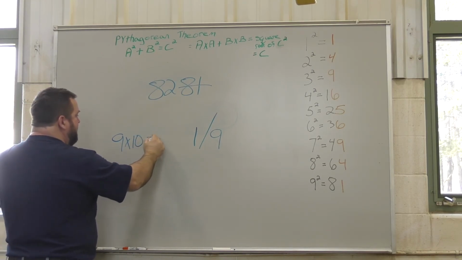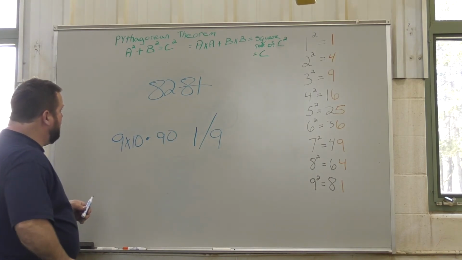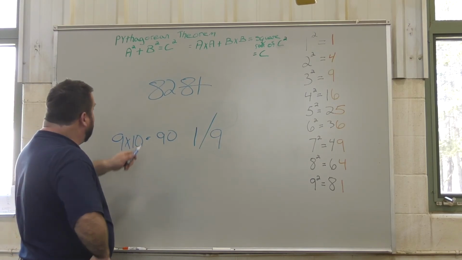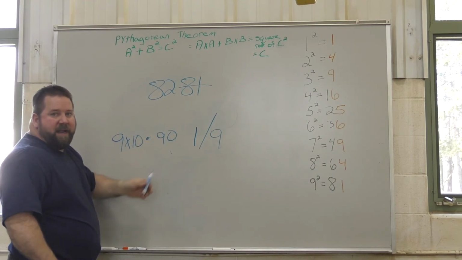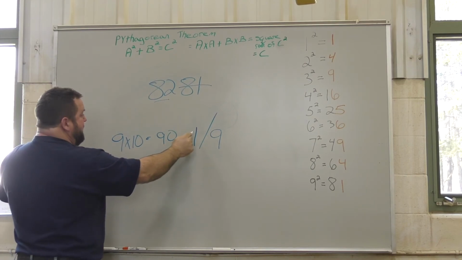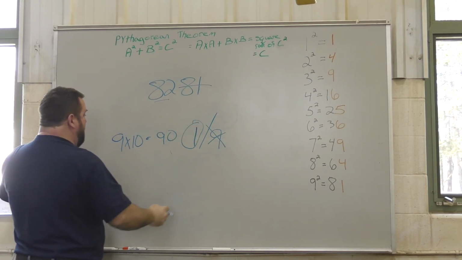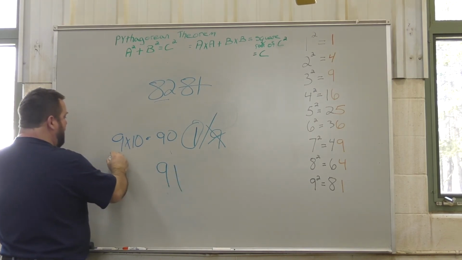Multiplying them, we have 90. Now, is our 82 less than or greater than 90? Well, 82 is less than 90, so we aren't going to use the 9, we're going to use the 1. So our answer is 91.